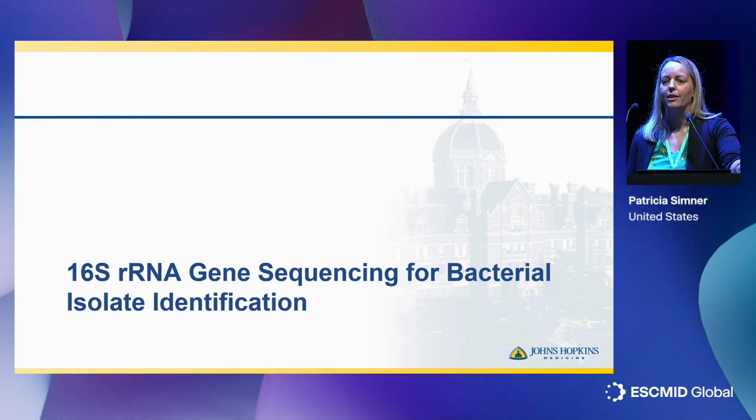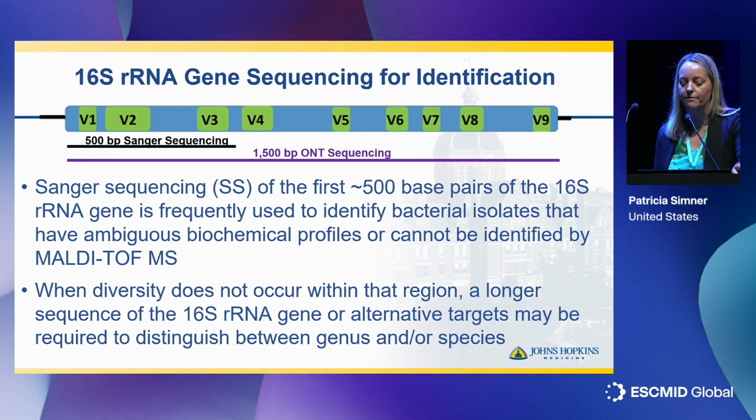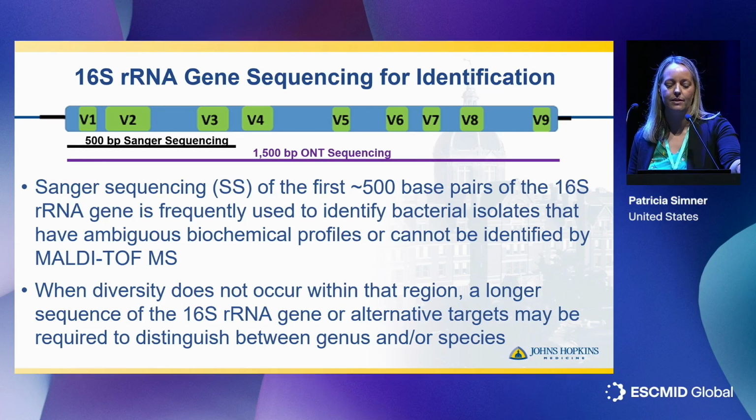So the first scenario where we've implemented nanopore sequencing is replacement of 16S rRNA gene sequencing by Sanger sequencing with nanopore sequencing for bacterial isolate identification. So Sanger sequencing of the first 500 base pairs of the 16S gene is frequently used to identify bacterial isolates that have either ambiguous biochemical profiles or were unable to be identified by MALDI-TOF mass spectrometry, so a proteomic approach.